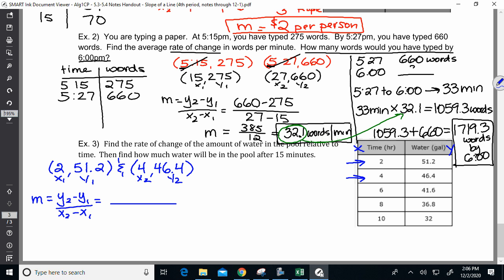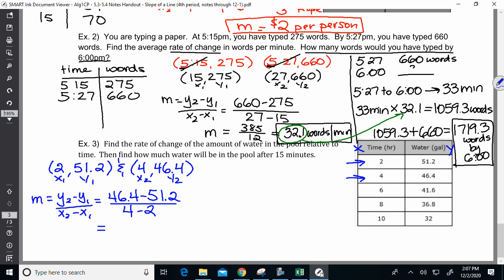It's okay, I'll wait. I know something like this. So 46.4 minus 51.2, and then 4 minus 2. Setups are easy, ladies and gentlemen. Get the easy points.